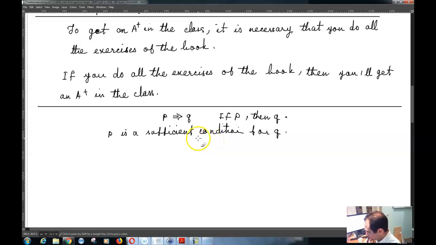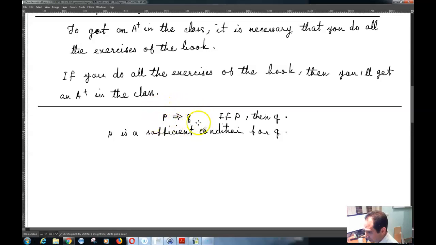Now what this means in the context of the example that we had before, where P is a number is a multiple of 9 and Q is a number is a multiple of 3, right?